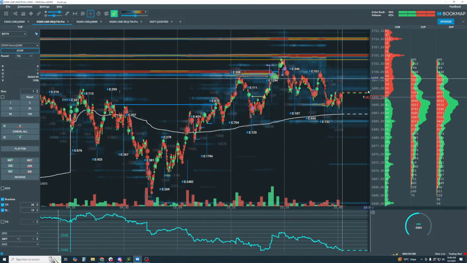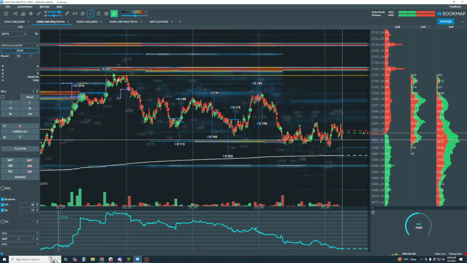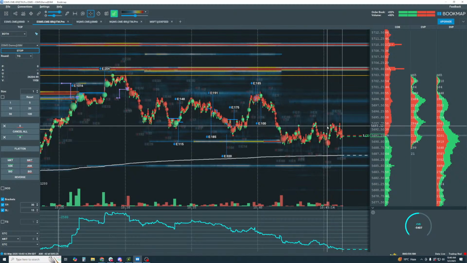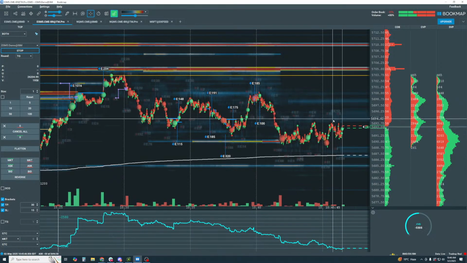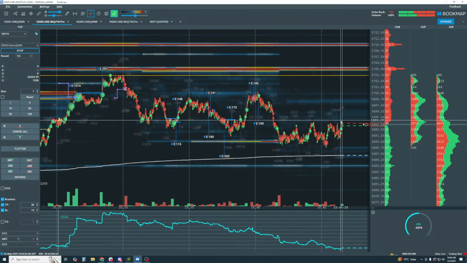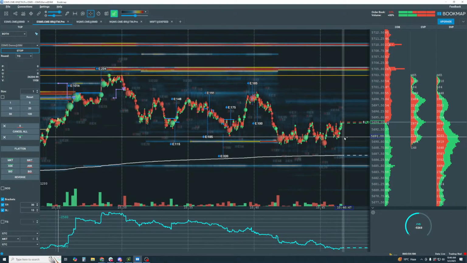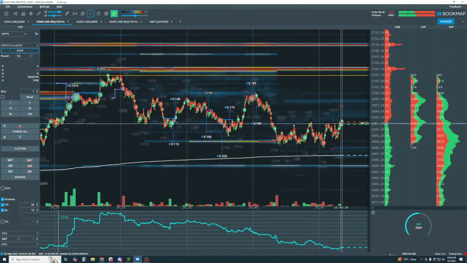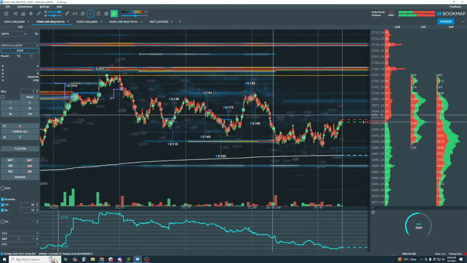So for the auction to leave this area, it needs something significant to unfold. We'll be looking for a pretty big move by the aggressors in here, or maybe a lot of liquidity at a certain area. For example, maybe supply on the offer up here, and buyers aren't interested, and then we're looking for the sellers to take it down. We would be looking for quite a bit of selling to move it away from this area.